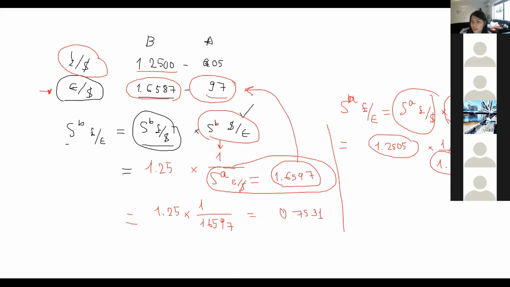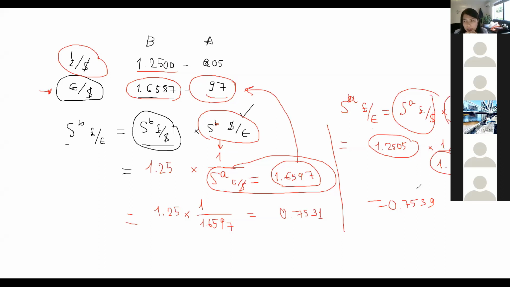So it says 0.7539? Let me check the calculation. 0.6578. Yep, exactly.